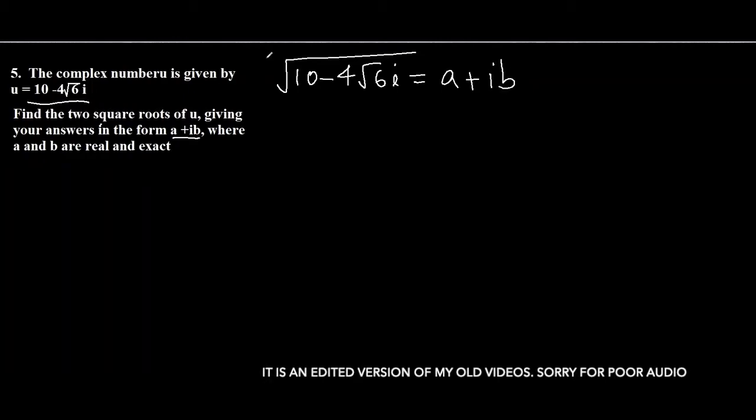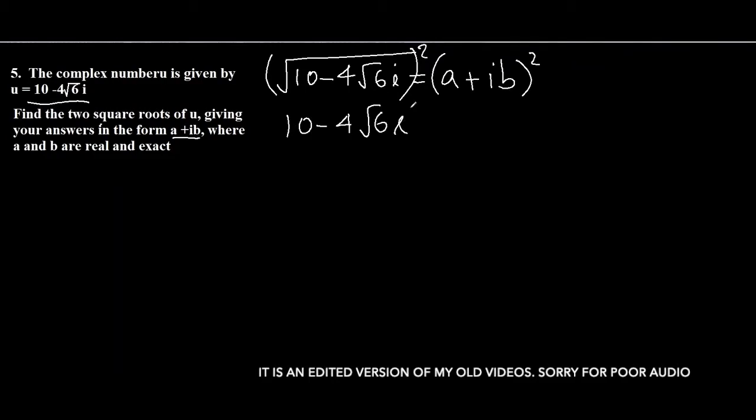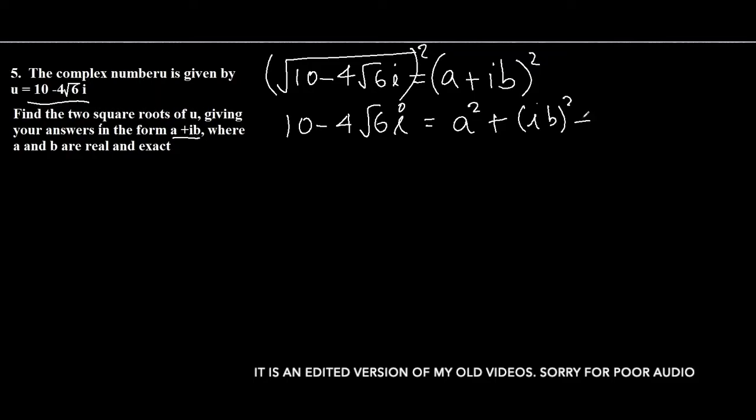So to get rid of the square root, we will square both sides. So we can write 10 minus 4 square root 6 i equals a square plus ib square plus 2a times ib. Yeah, we square both sides.